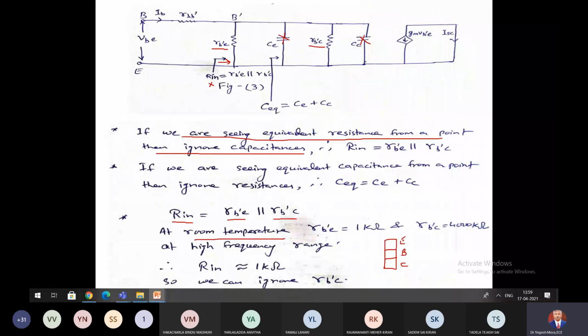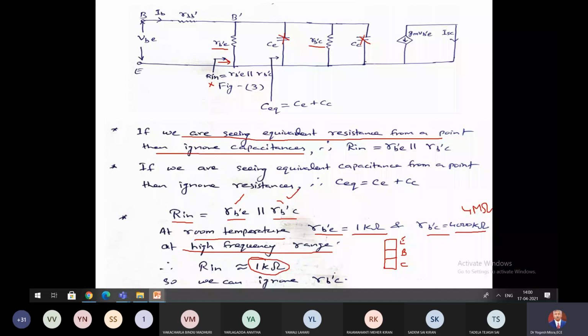So at room temperature, RB'E is 1K and RB'C is 4000K, means 4 megaohm at high frequency range. If RB'E is very small and RB'C is very big, and these are in parallel combination, then its equivalent value will be nearer to the 1K.